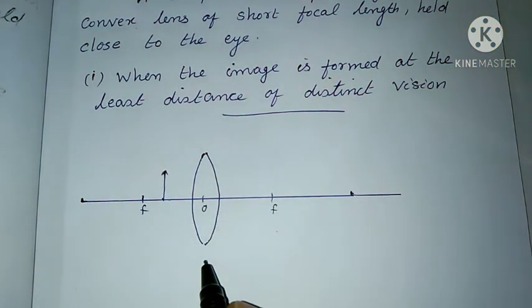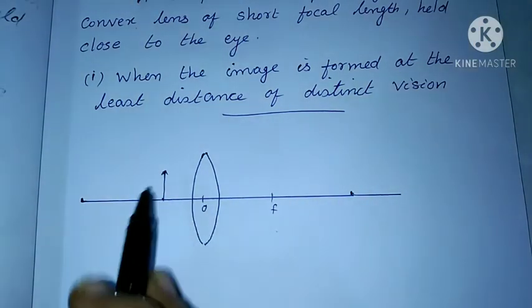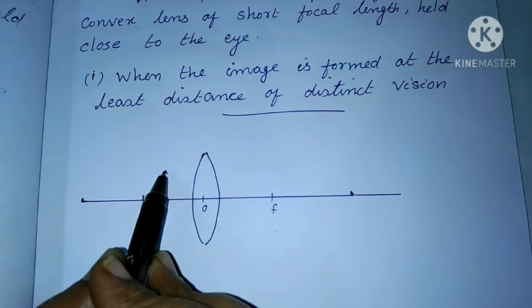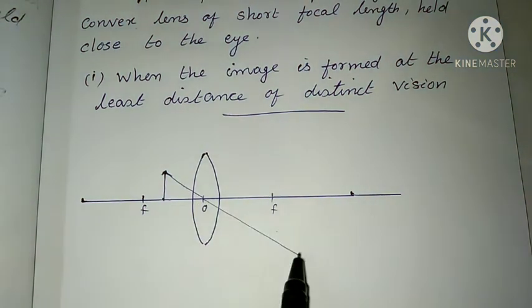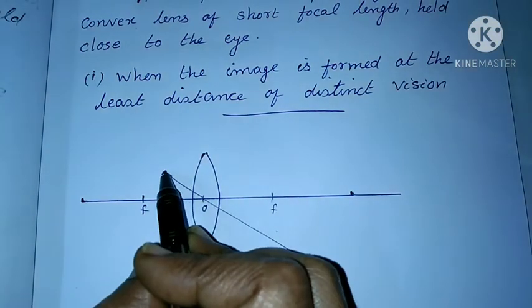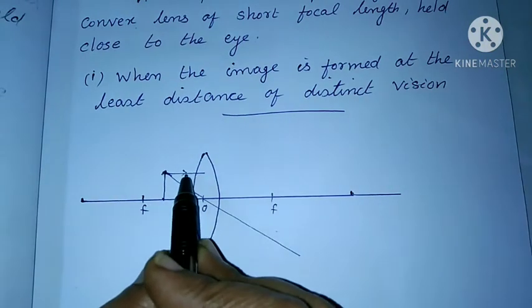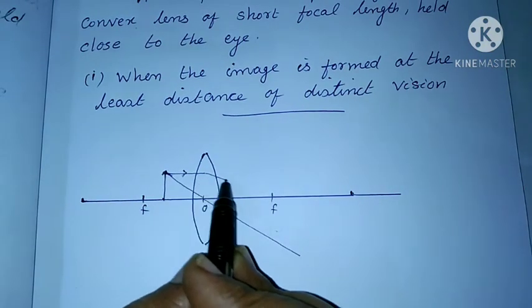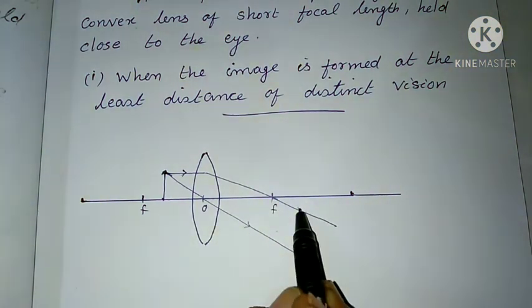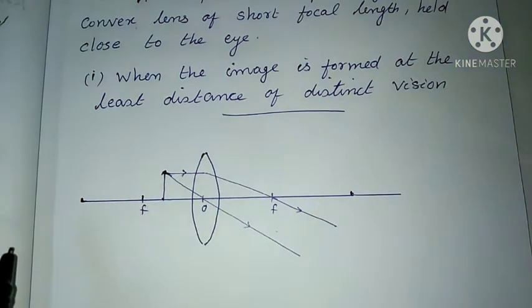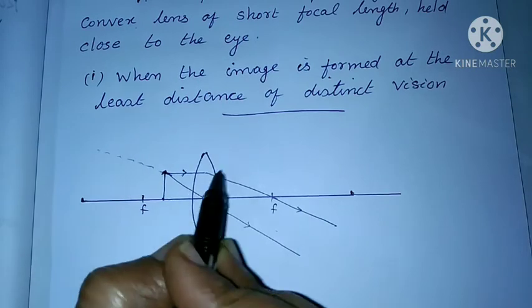Then what are the rays? One ray passes through the optic center. Another ray passes parallel to the principal axis. Then after refraction, it passes through the focus. And these two rays meet on the same side of the lens.